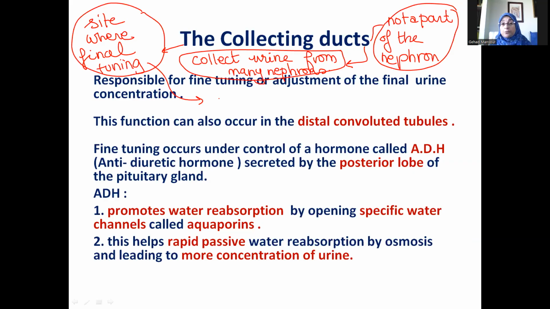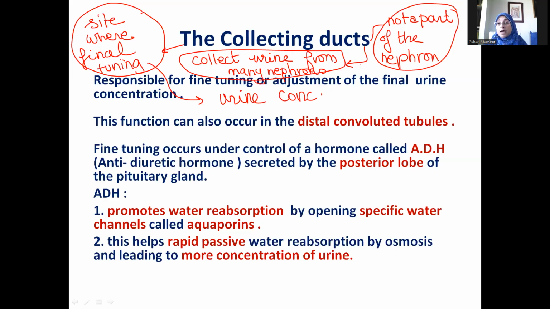So final tuning of what? Final tuning of urine concentration, okay? Since I say that it is a site where the final adjustment or tuning of the urine concentration occurs, how does this final tuning occur?